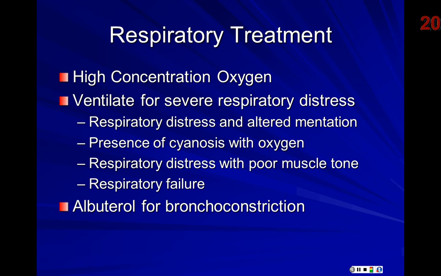Their hearts usually are very strong and good, right? It's the respiratory compromise that will end up causing that failure. So typically, if you address the respiratory stuff, the rest will kind of follow suit. And that's for newborns. That's your newborn resuscitation inverted triangle.